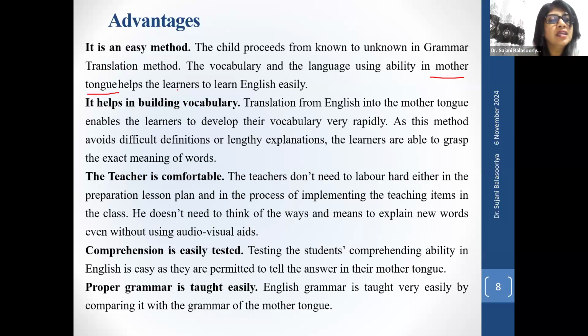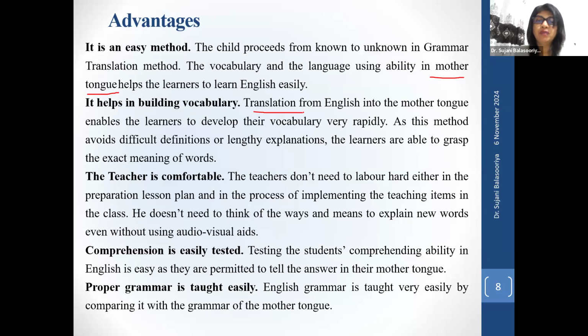And then another advantage, GTM helps in building vocabulary. Can you guess why? Because of translation. For you to translate from one language to another, you have to know the words, not only the grammar structures. If you do not know words, you can't do the translation work properly. Here in GTM, translation is a must.